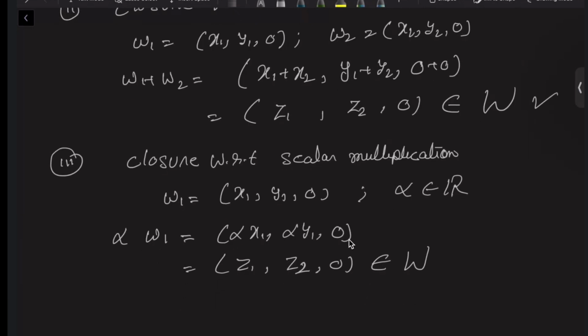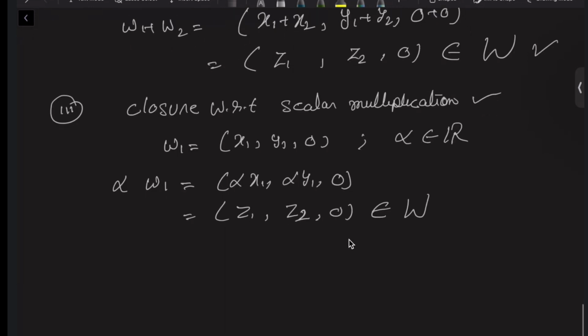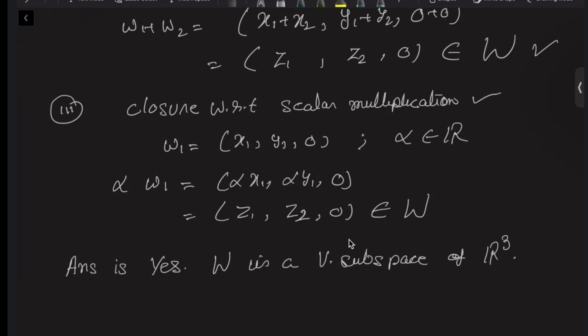Means it is closed under scalar multiplication as well. So I took any arbitrary element of W, multiplied it with some scalar alpha, and found that this element was again in the set W itself. So all three things that we have to check are satisfied. So the answer is yes, W is a vector subspace of R3.